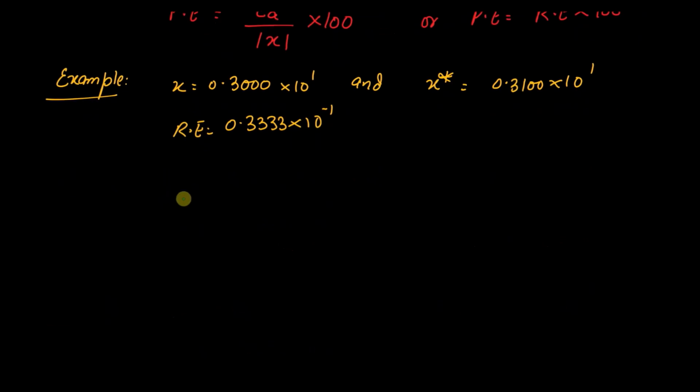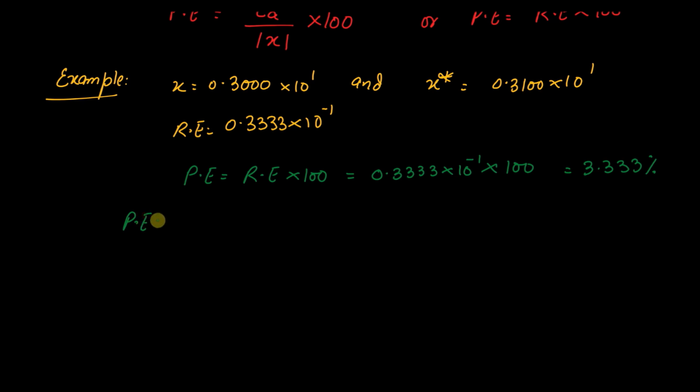So the percentage error is calculated by directly multiplying the relative error by 100. So we will get 3.333 percent directly.